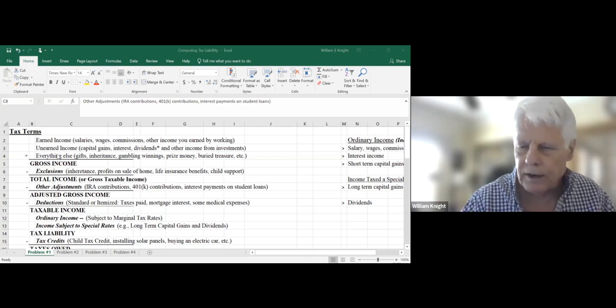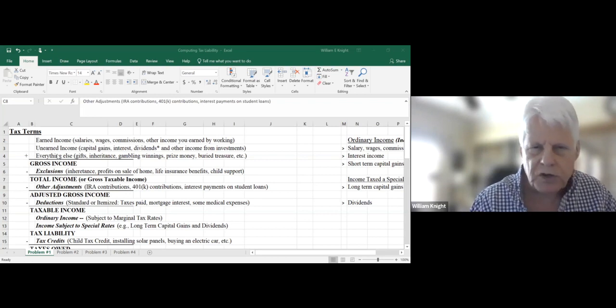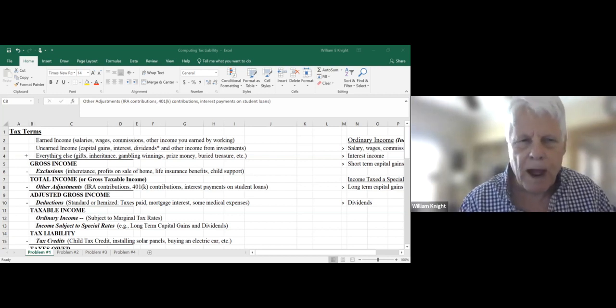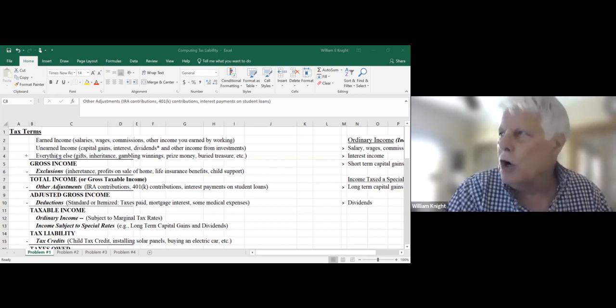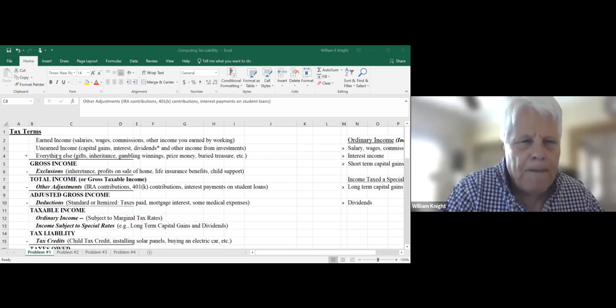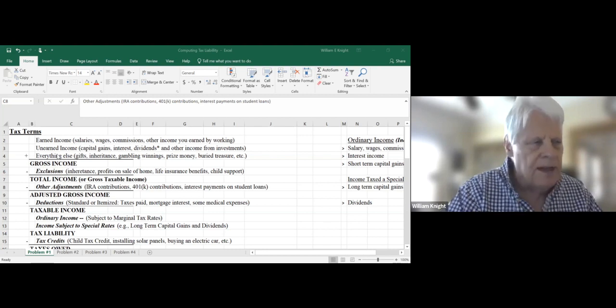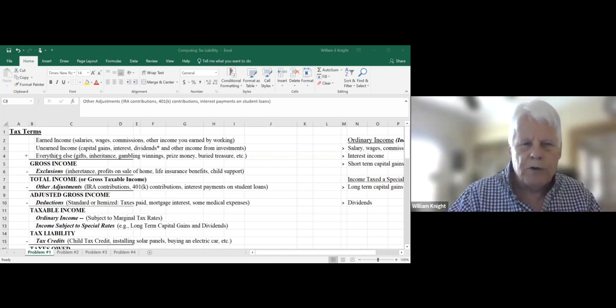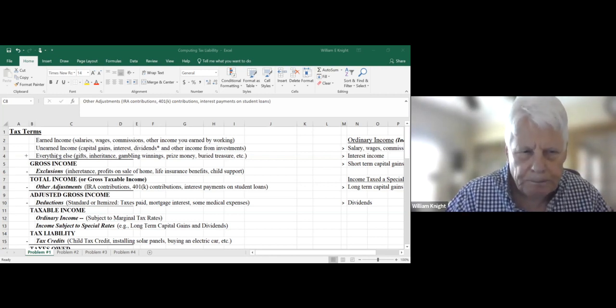Unearned income is investment income: capital gains, interest, dividends, whatever it is, income you didn't have to earn by working, but you earn through your ownership of assets or by some other financial investment. And then it also includes everything else: gifts, inheritance, gambling winnings, prize money, whatever it is. Gross income represents income from all sources.